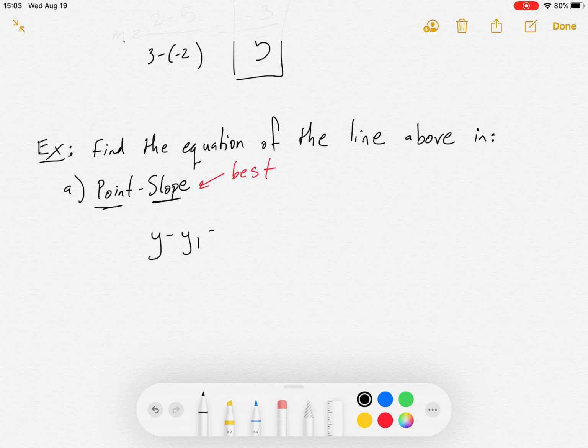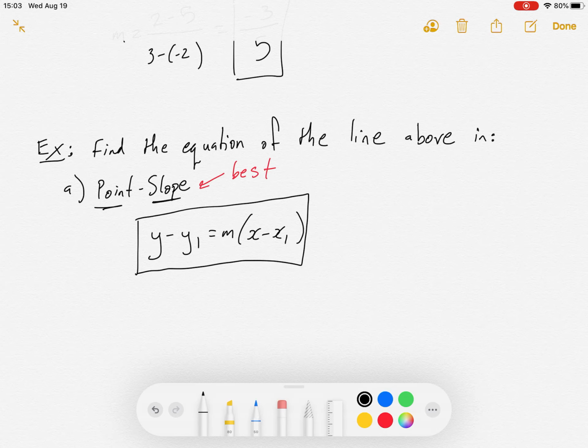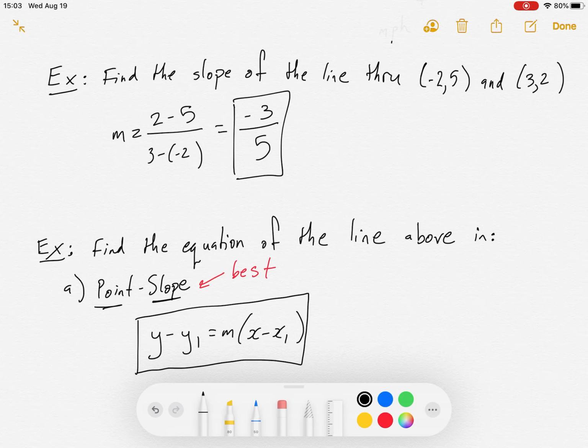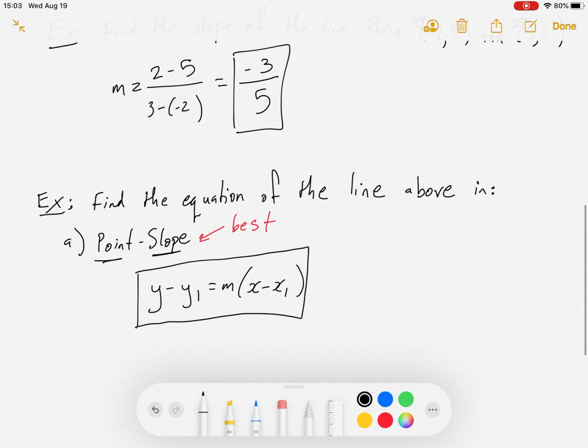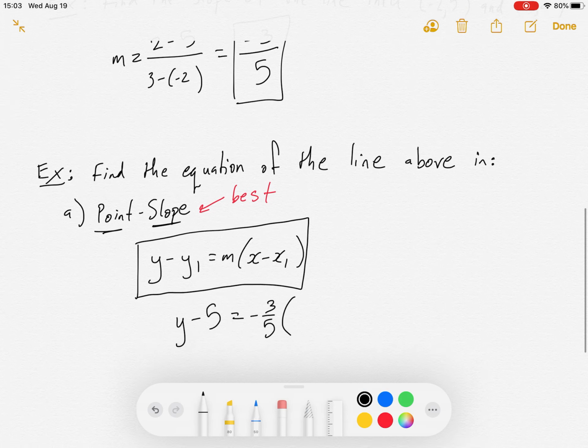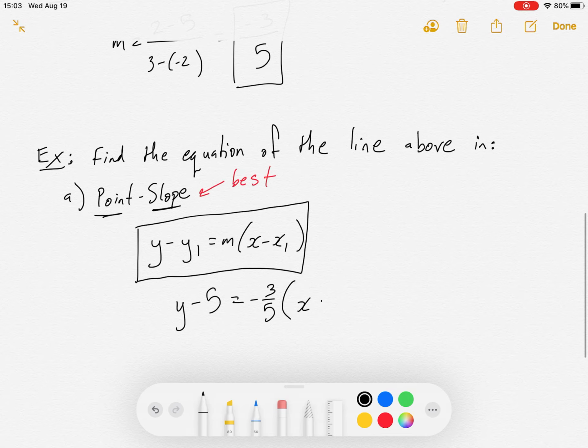So the point slope format looks like this. You can write that equation down in your notes if you've forgotten it. And for y1 and x1, I can really use whichever point I like. I can use this one or this one. So I'll use the first one. It's going to be y minus 5 equals the slope, and then x minus -2, so just x plus 2.